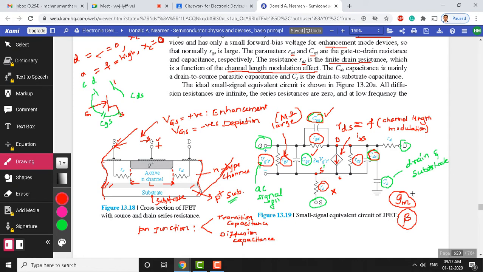What is GM? What is GM? Formula I am asking you. Can anybody remember the formula for GM? Now let me tell you like this. What is GM? I told you it is nothing but conductance, right? Transconductance.